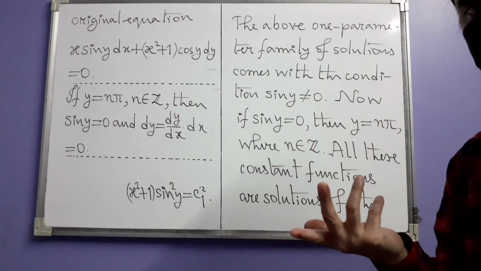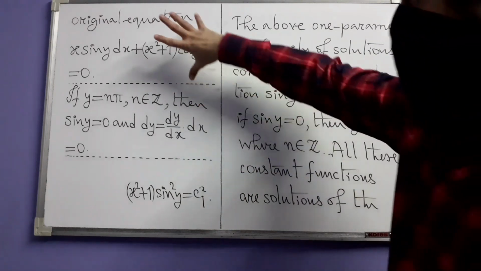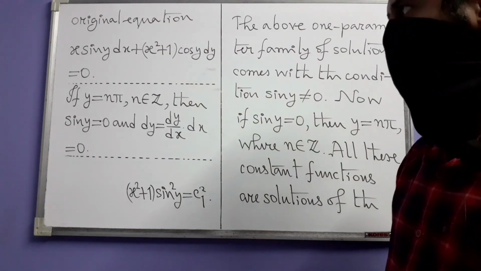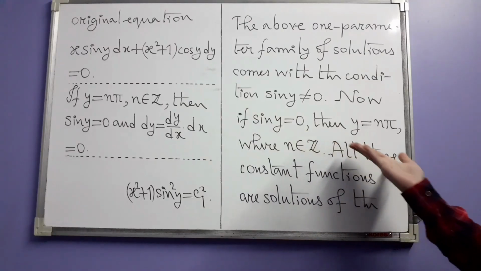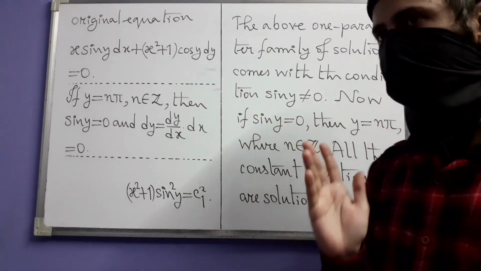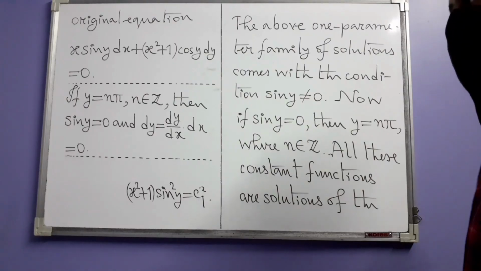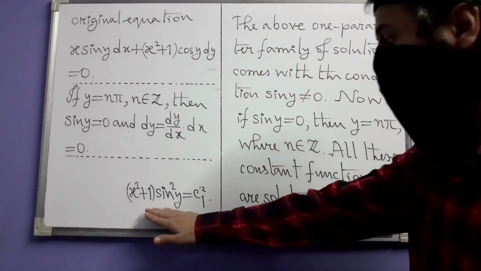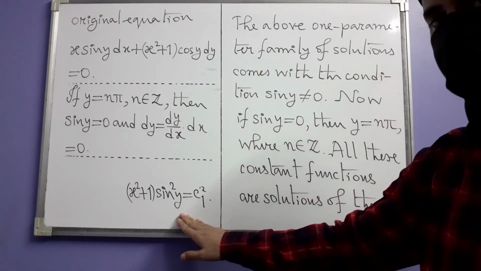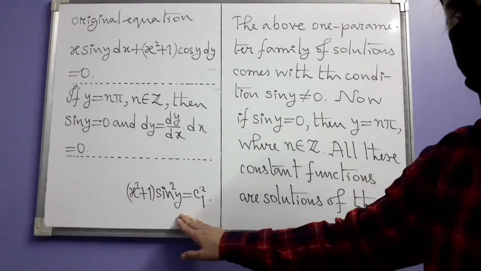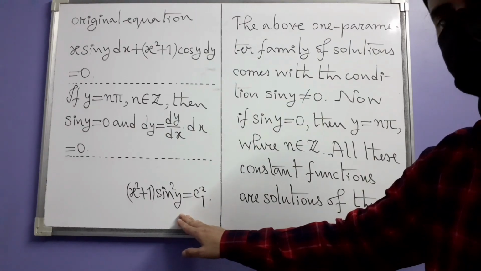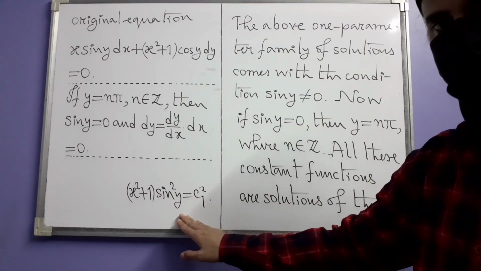We are talking about a constant function. So this also vanishes. That means yes, all these infinitely many constant functions are also solutions of the original equation. This one parameter family, however, does not have those functions. So in a sense, we have lost all these solutions.